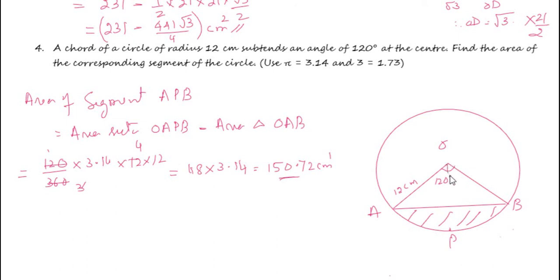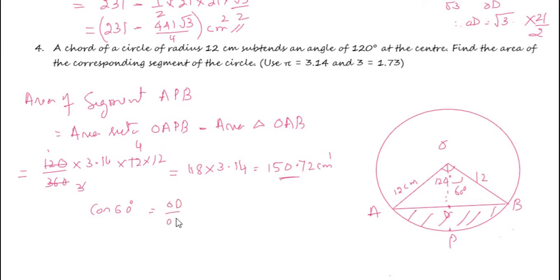Let us draw a perpendicular here. This is D. Now this angle is 60 degree. We know this as 12. We need to find out BD and OD in terms of OB, because we know OB now. Now cos 60 degree equal to OD by OB.